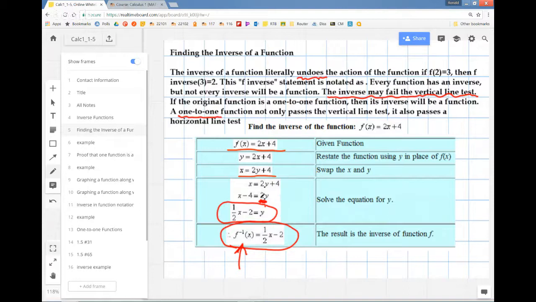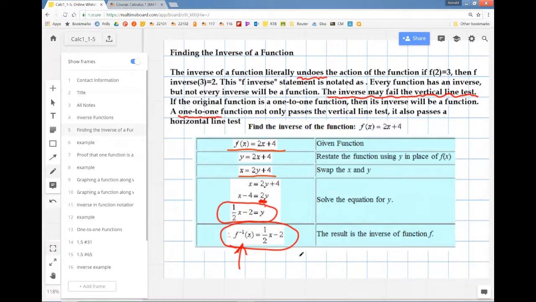I first subtracted 4 from both sides, and then I divided both sides by 2, and we've got it: y equals 1/2 x minus 2. So in other words, the inverse of the function 2x plus 4 is the function 1/2 x minus 2. So step 1, interchange the x and the y, and then solve for the new y.